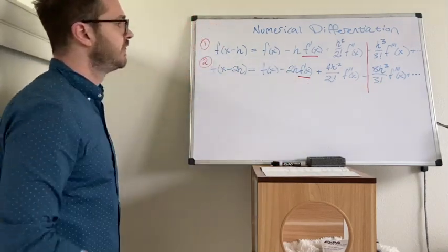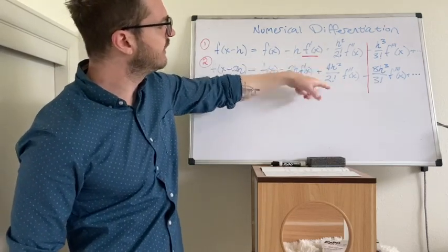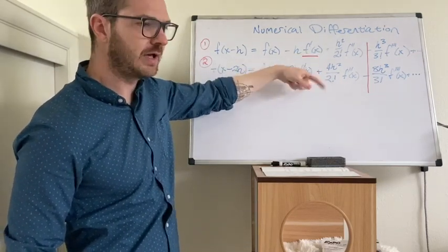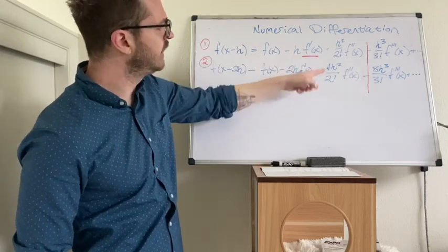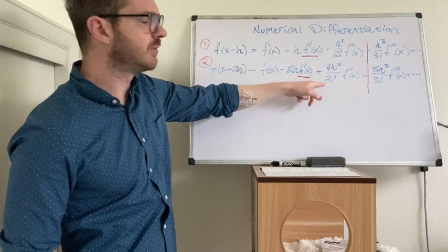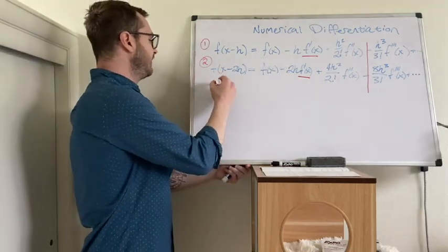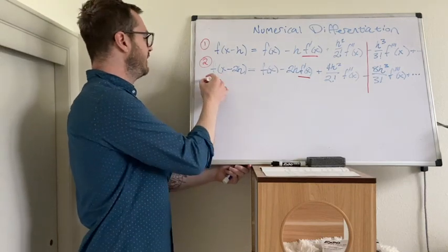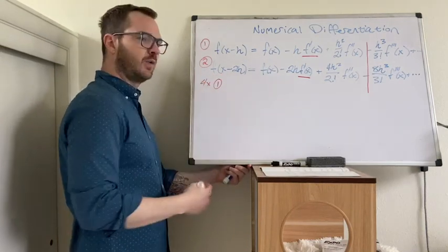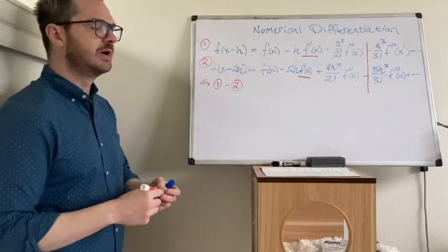Now, if we want to make these cancel, clearly we can't just add them, and we also can't just subtract them, right? Because there's 1 here in equation number 1, and then there's 4 in equation number 2. What we could do, though, let's try this. Let's try taking equation number 1 and just multiplying it by 4, and then subtracting equation number 2.